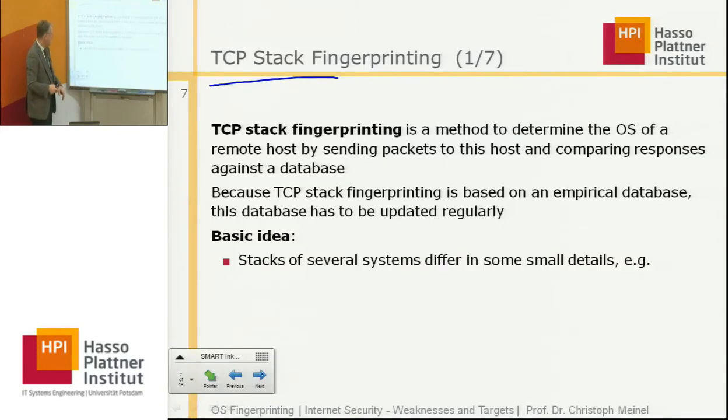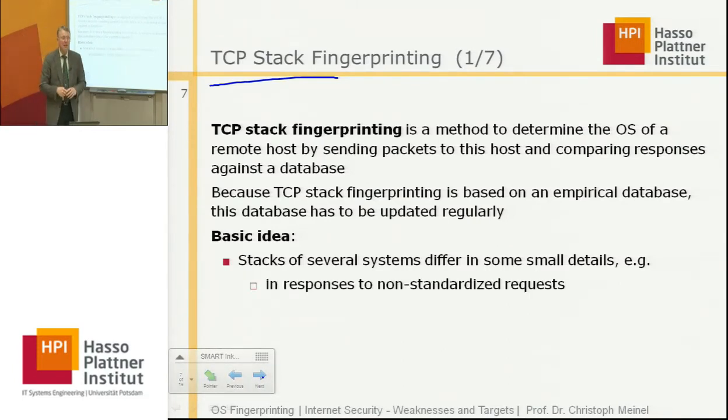So the basic idea is the stacks of the several systems differ in details, in very small, unimportant details, but these differences help to get information about the system. A typical way is to send a non-standard request.